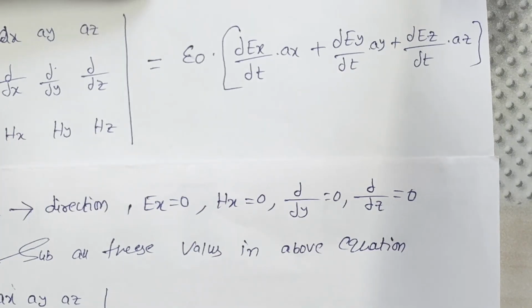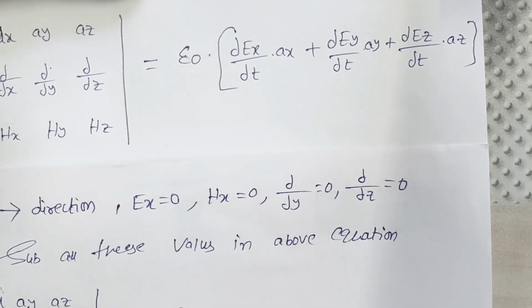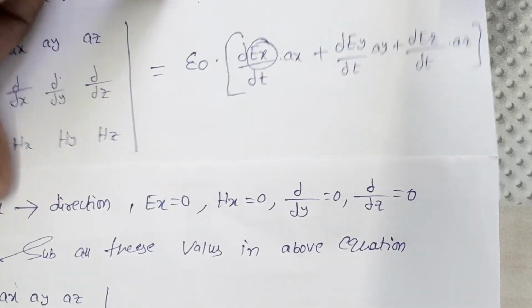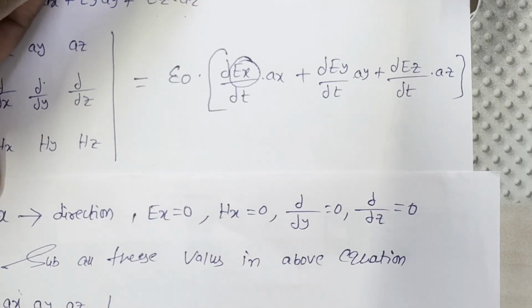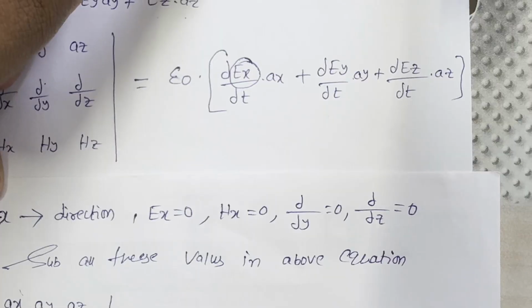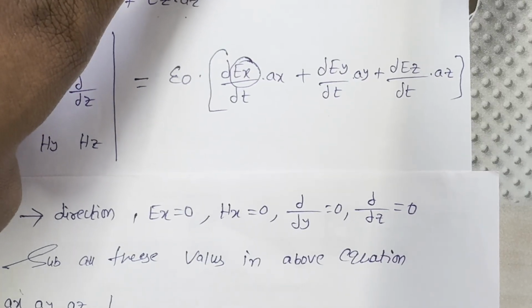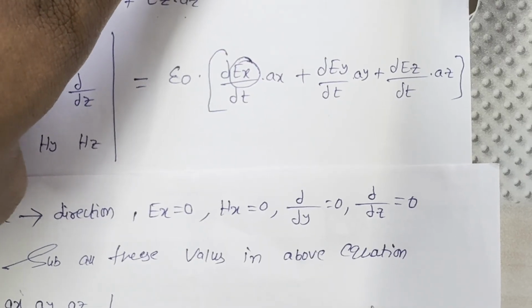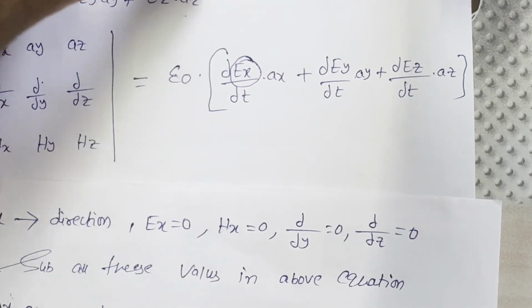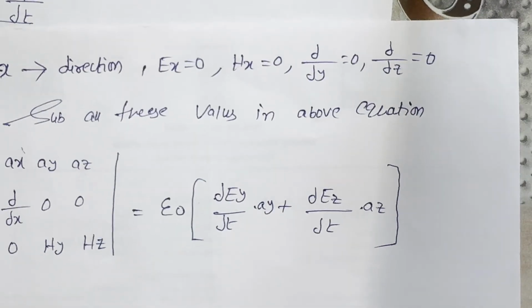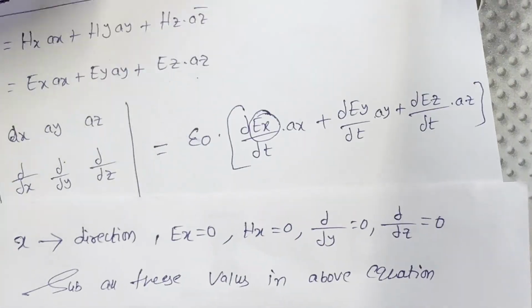Here the Ex value is 0, so the x term is eliminated. Then I have dou Ey by dou t into Ay plus dou Ez by dou t into Az.